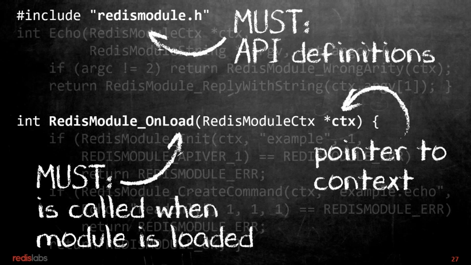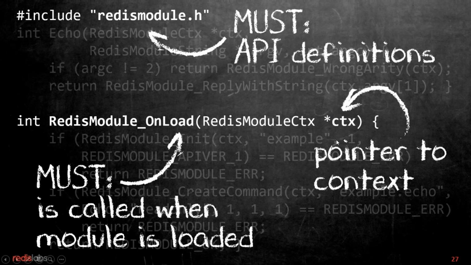The next thing you should note is the Redis module onload command. This is the hook which Redis looks for in your module's library and calls once the module is loaded. This is where you bootstrap your module, register it, and initialize anything you need to initialize.